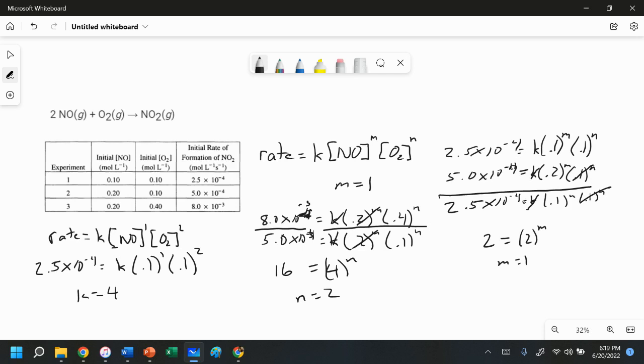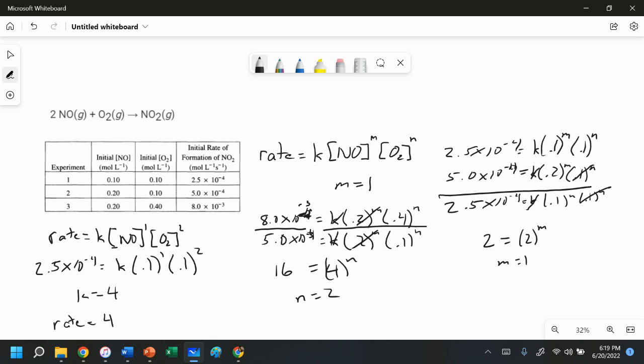So we would just substitute that into our final equation. So the rate equation or rate law for this reaction is 4. Now let's get the correct unit on K here. We have a total order of 3.